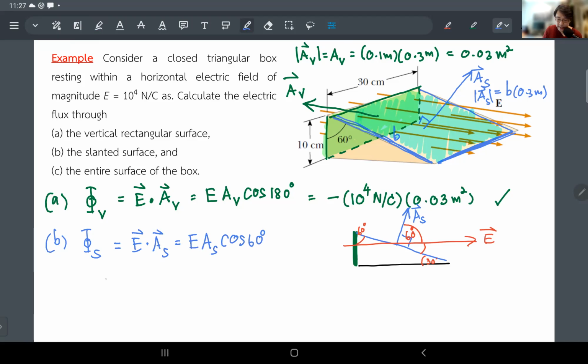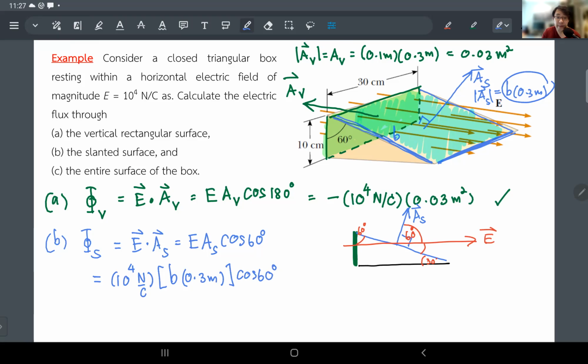Now here is the key, guys. Almost done. E is no big deal. It's 10 to the 4th Newton per Coulomb. Now A sub S, we took it from there: the magnitude of A sub S is B times 0.3 meter. And then you have cosine 60.